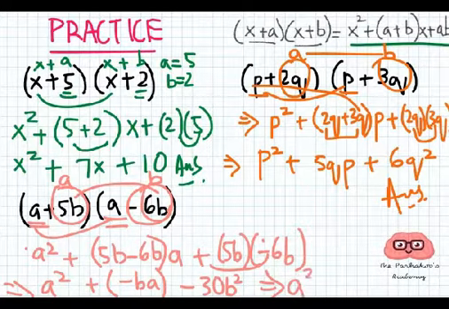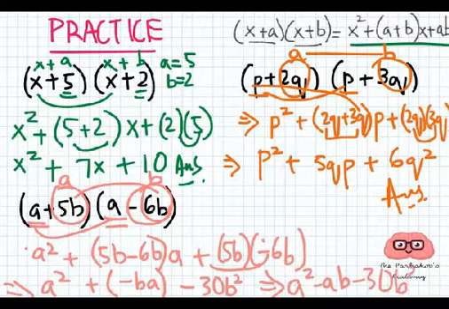A squared minus ab minus 30b squared. So this is our answer.